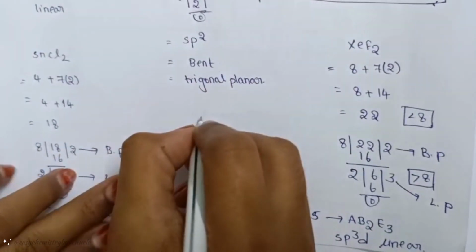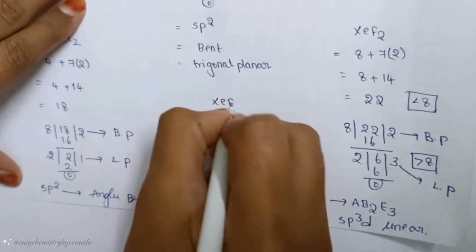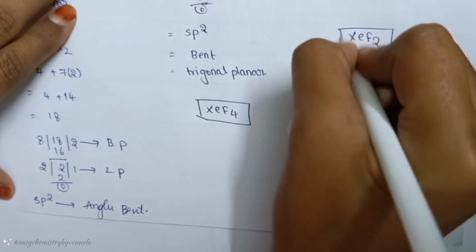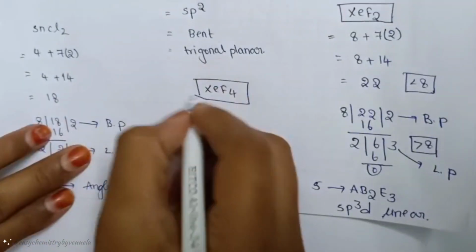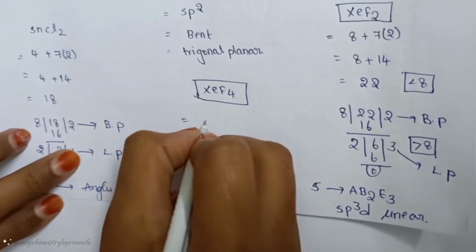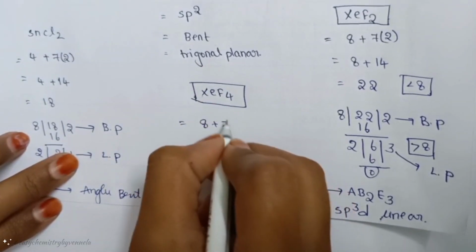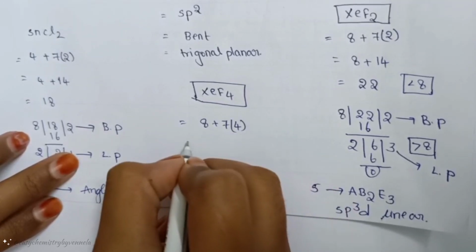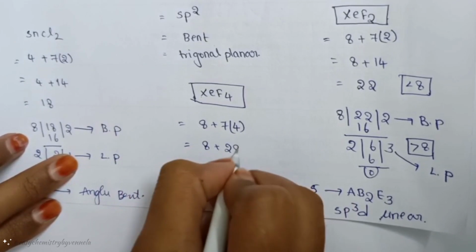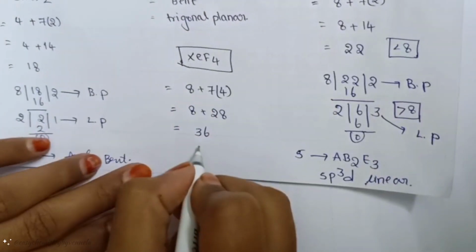So I will give one more example. XeF4. I think these are important for the exam also, maybe 2 marks. Here the xenon group number is 8. Fluorine 7. How many fluorines are there? 4. 7 into 4, 8 plus 28. Total 36.